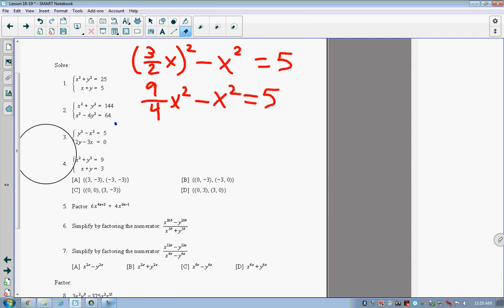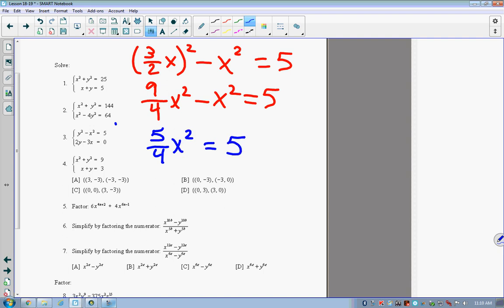Okay, I think that you guys get this so far. What's 9/4 minus 1, or 9/4 minus 4/4 would be what, 5/4? Okay, 5/4. Okay, so 5/4 x squared equals 5. Okay, now I can't divide by 5/4, but I can multiply by 4/5.